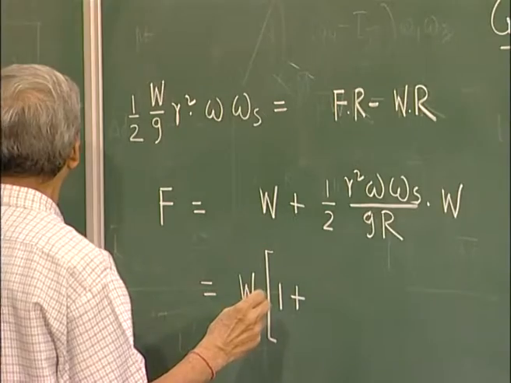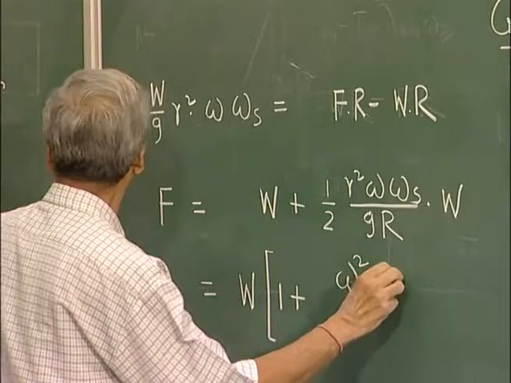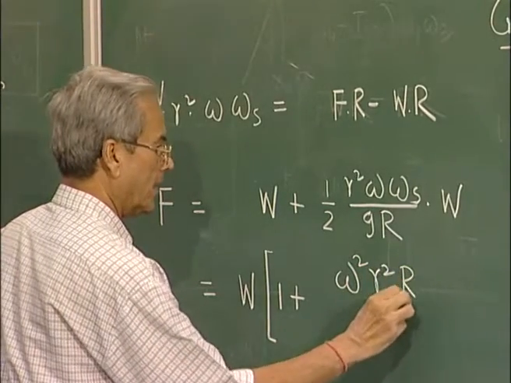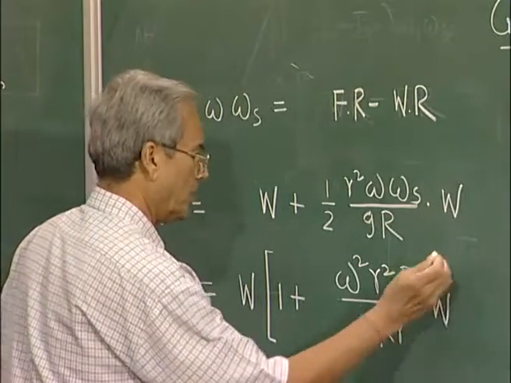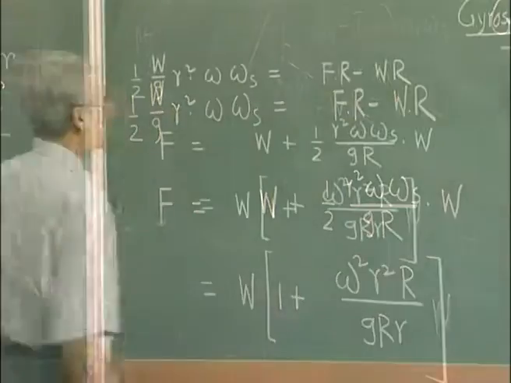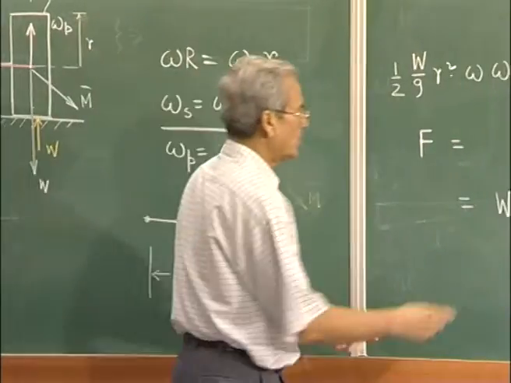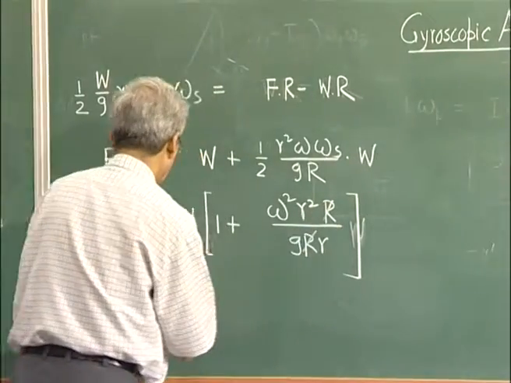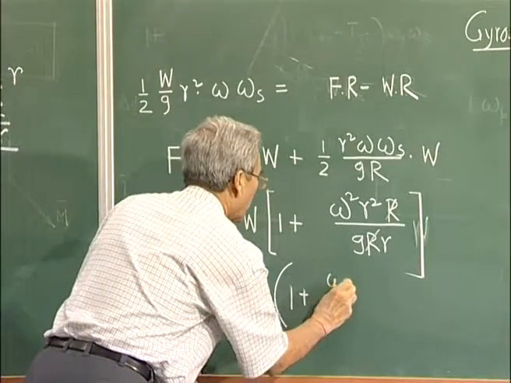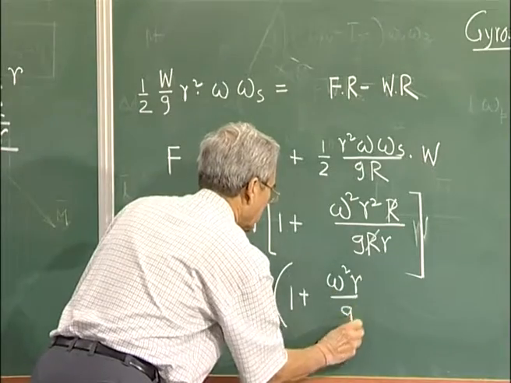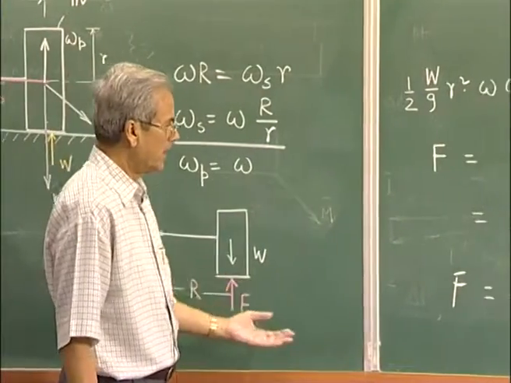Now, omega s is simply this, omega square r square by g r. So, omega s we have written as this. So, this gets cancelled and finally, we get W into 1 plus omega square r by g. So, we find that the resultant crushing force is more than the weight.